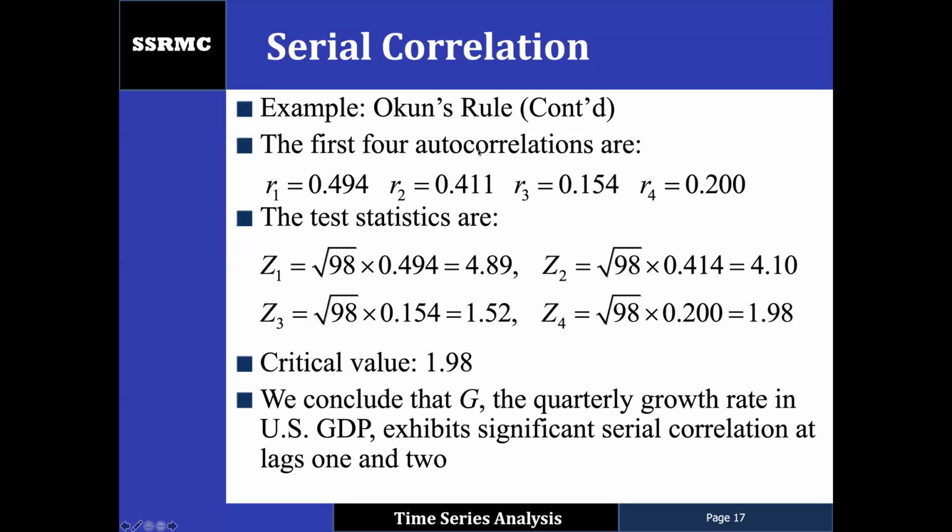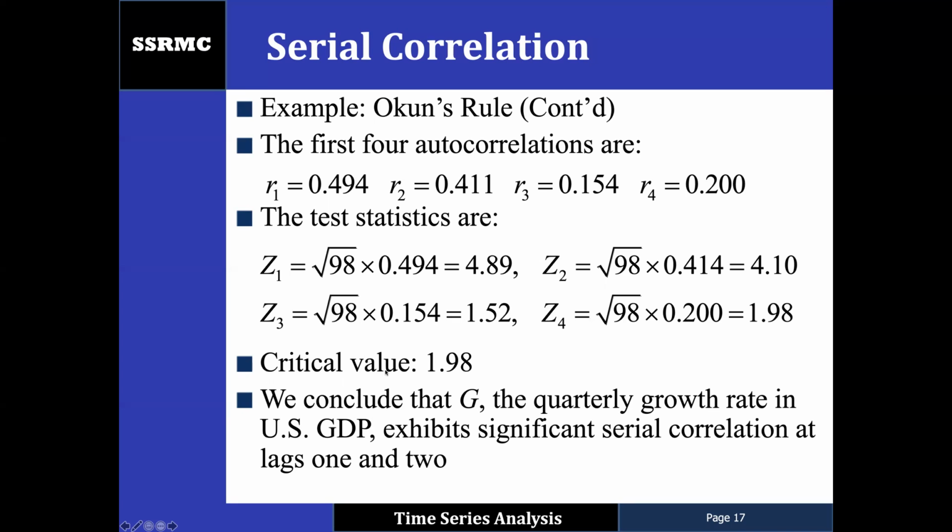We still use Okun's rule, the same set of data, and we would like to check whether the correlations are significantly different from 0. From the regression model that we estimated before, based on the set of data that you can find on our Moodle page, we estimate r1, r2, r3, and r4 as follows. The test statistics can be calculated accordingly.